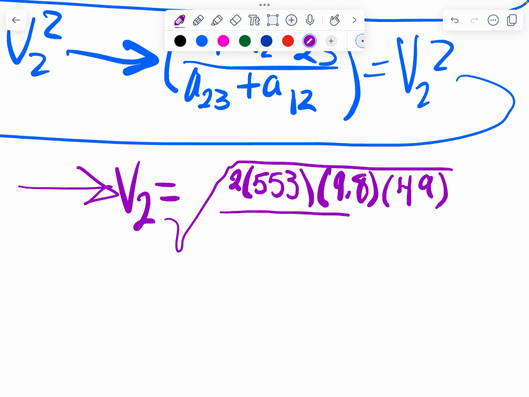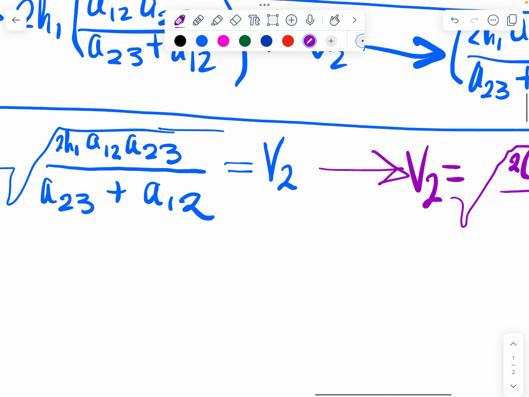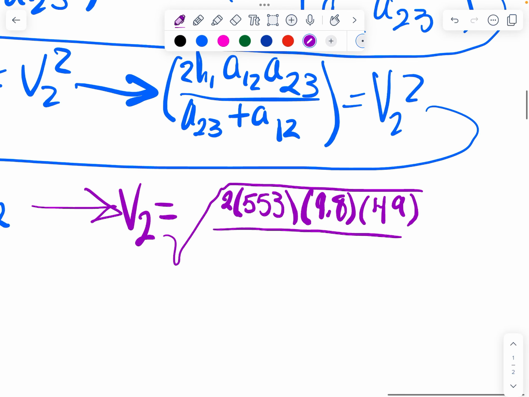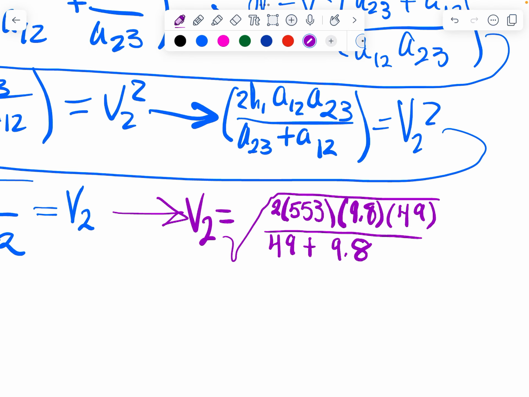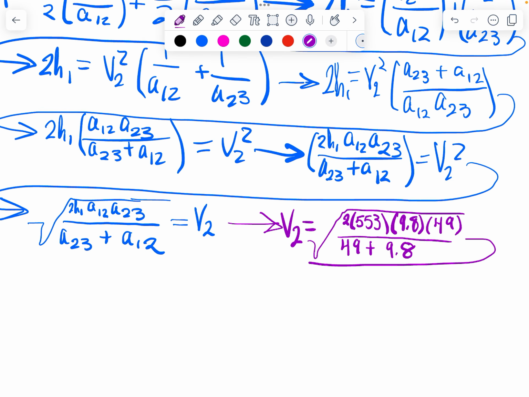Okay, divide that. And what are we dividing by? We're going to be dividing by A23 plus A12. So that's going to be 49, A23, plus A12, which is 9.8. Cool. So let's plug this in the calculator and see what we get for V2. Let me put this in my calculator.